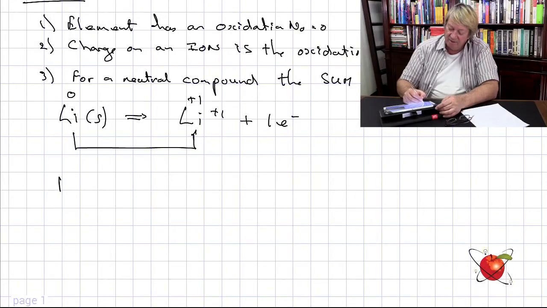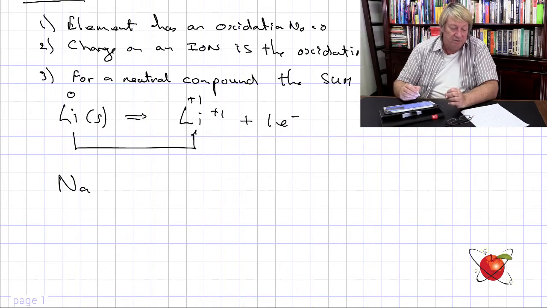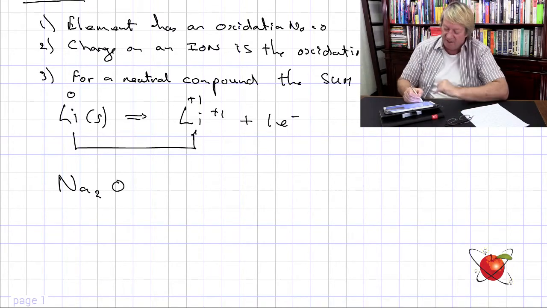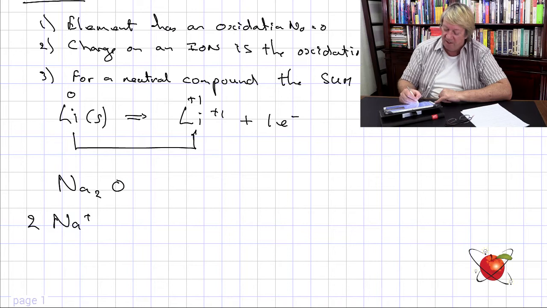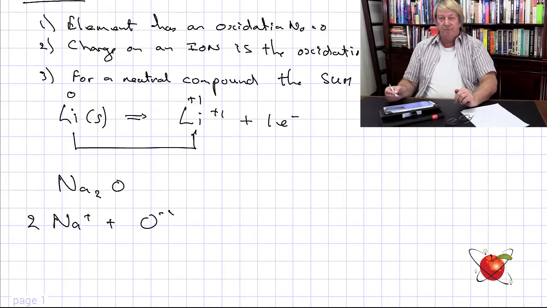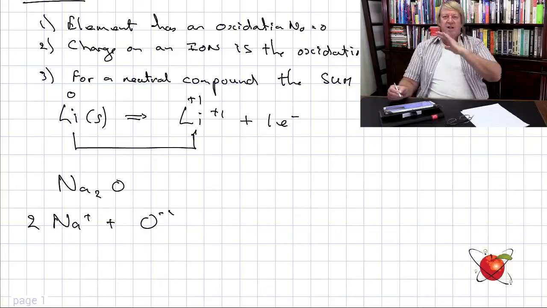Let's have a look at another one. Let's take Na2O. Let's look at Na. We know this is made up of 2 Na+ plus O2-. We're going to go through the equation of forming that, but we know those form ionically.